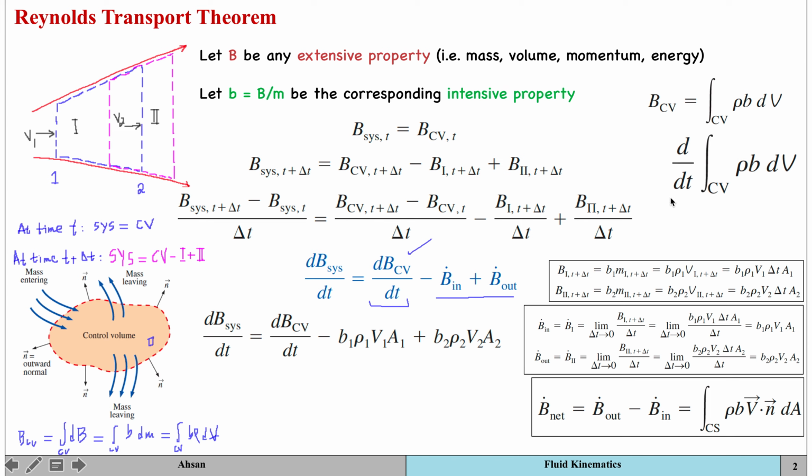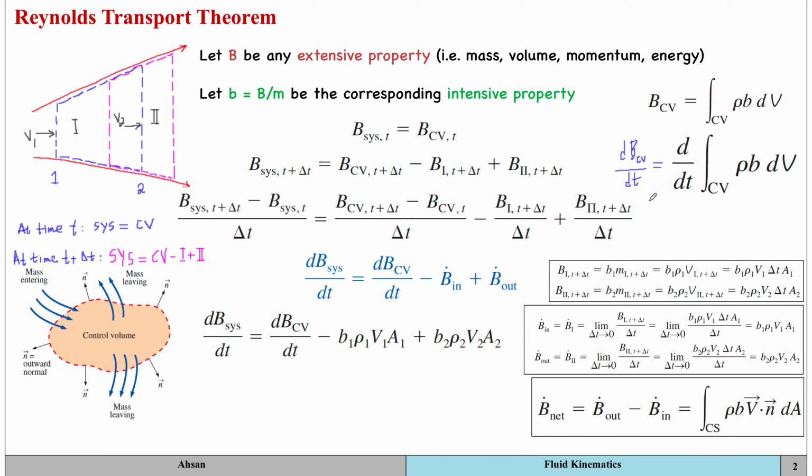So that's just going to be a derivative of time. What this term means is that it's essentially the time rate of change of the fluid property capital B across the control volume. And if we had a positive value for this, then that would indicate an increase in the fluid property B.